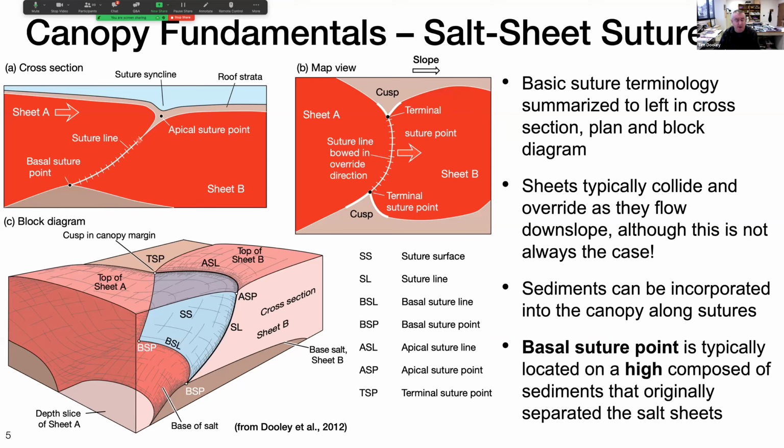The suture line itself: the salt here came up, hit, climbed, and salt sheet A overrode salt sheet B here. Generally, what we see is that they do tend to override each other down slope, but we will see that that isn't always the case.